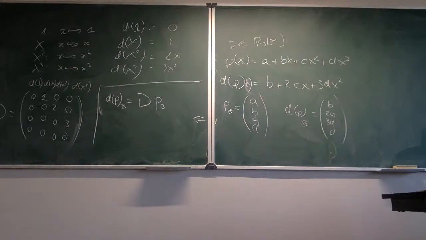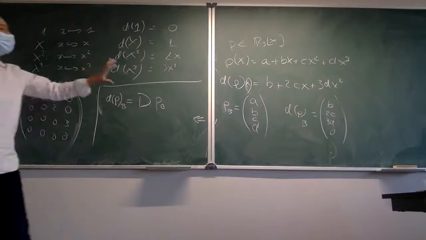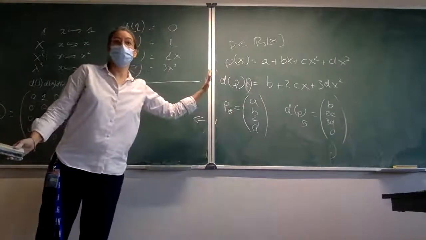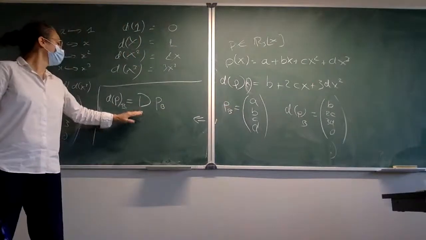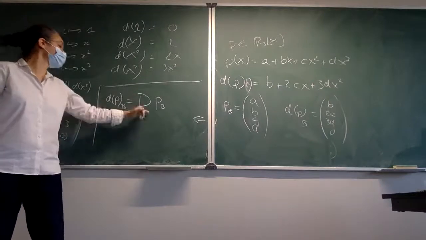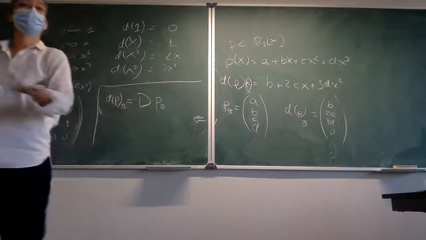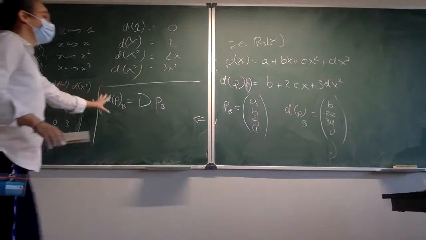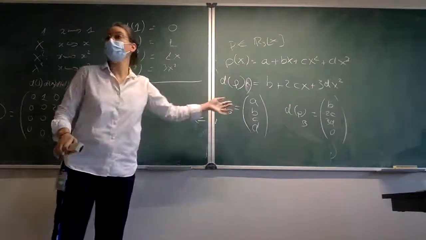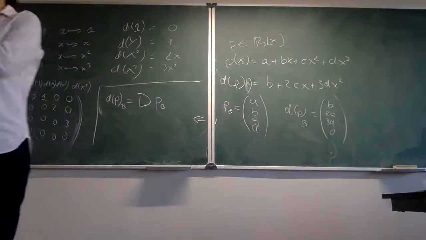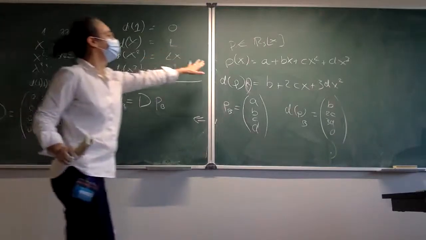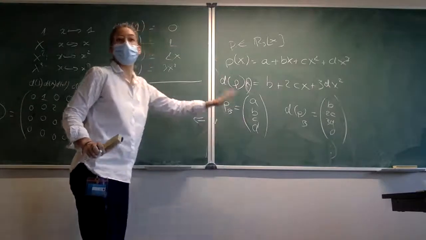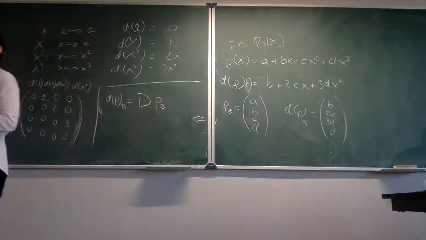So if you didn't want to prove linearity first, you could make this matrix and explain this, and then you have that this map is expressed with a matrix, so it's linear. But anyway, that's useful work because we often work with these kinds of things, so you have to be able to go from the polynomial representation to the vector representation. It's something we often do in the exercises.